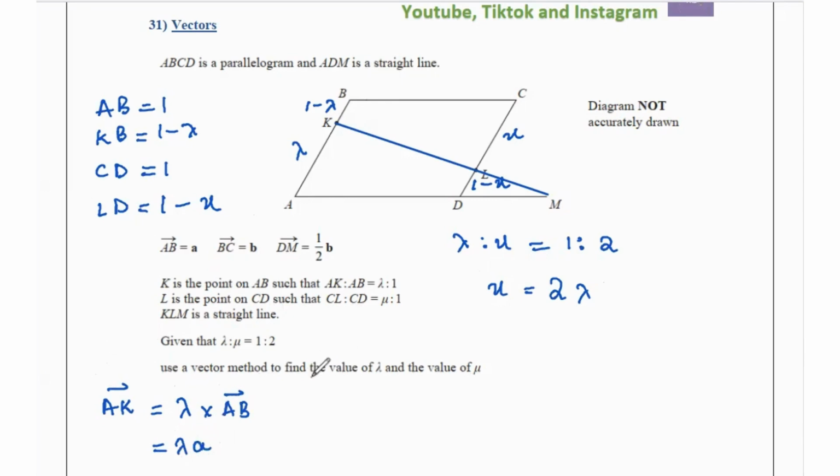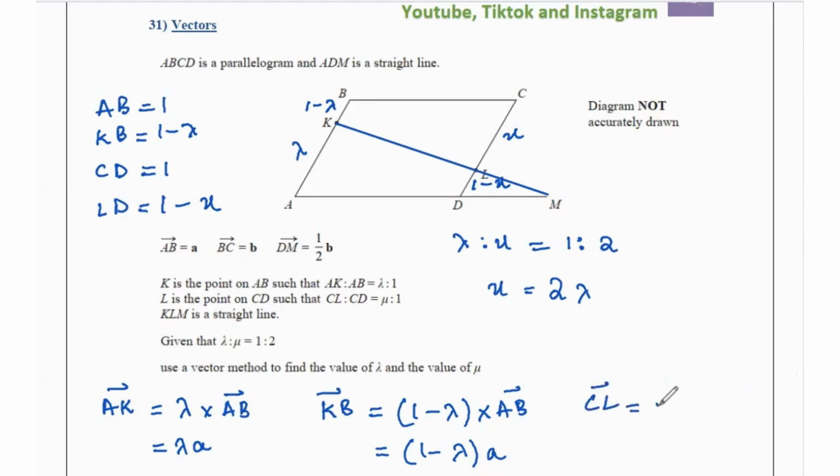Then if we talk about vector KB, vector KB is going to be 1 minus lambda times vector AB. That's going to be 1 minus lambda times A. Similarly, if you look at the vector CL, that's going to be mu times CD.